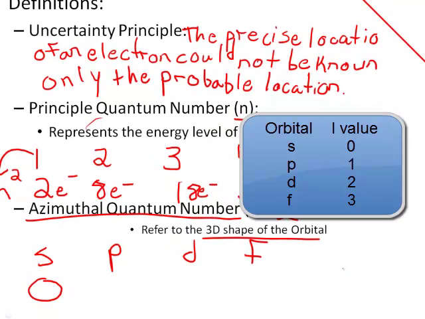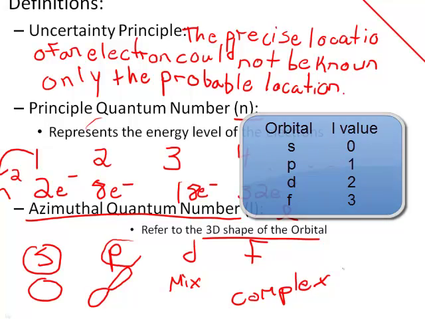The p orbitals are balloon shaped or dumbbell shaped. The d is a mixture of both of those, a mix. And the f orbital is really complex. The ones you need to know are the s orbitals and the p orbitals, and we're going to look at those right now.